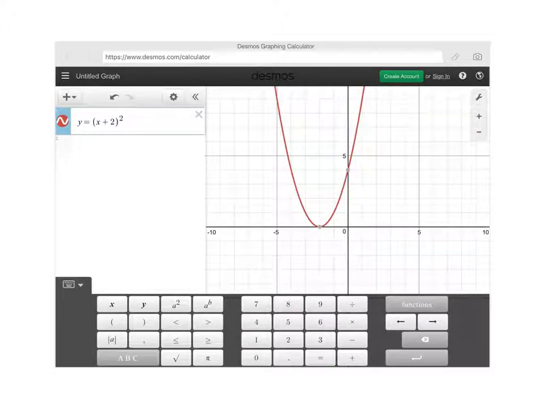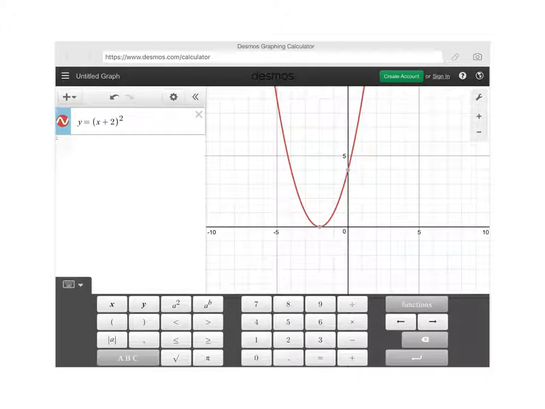That's what it looked like? So the positive 2 means that I have actually opposite sign. I have to go 2 to the left. And there it is. This is called my h. So my y equals x minus h squared. Okay, that's the first number.